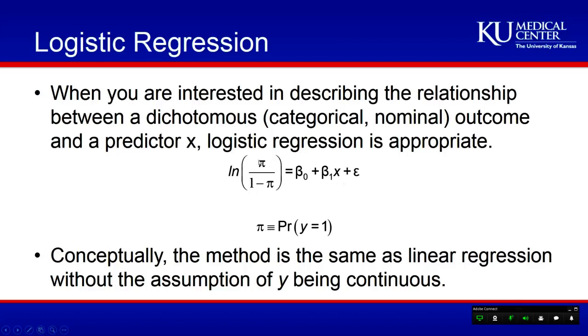It does it through the log odds. This is the odds. Pi here, notice, is just the probability that the event happens. So if Y equal 1 is a flag that an individual responds to treatment, then the probability that a patient responds to treatment is represented by pi.